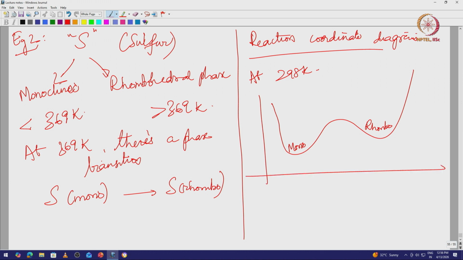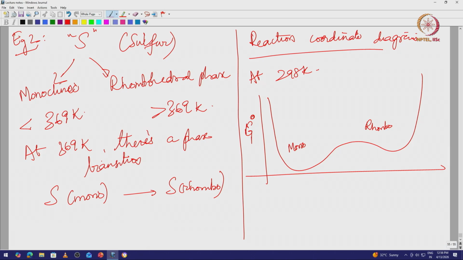This axis is G, and G naught, because I am doing this at 1 atmospheric pressure. What I am saying is there is some pathway to go from the monoclinic phase to the rhombohedral phase.